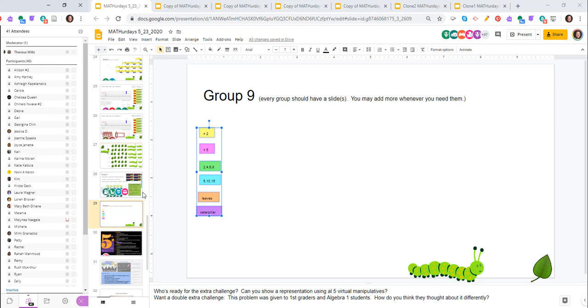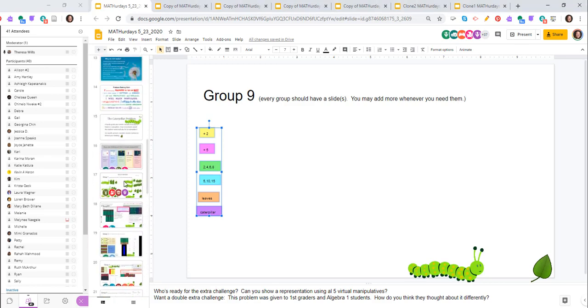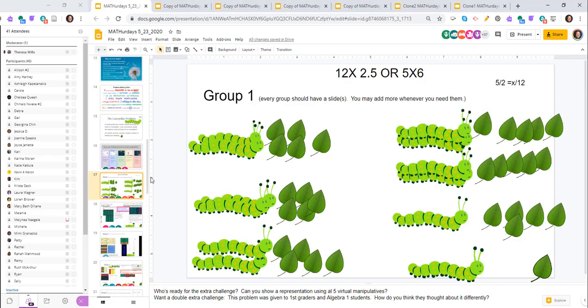And we are going to start off with group number 1 and on slide 17. So if we can head up to group number 1, slide 17. And the really neat thing about this one is how they showed every single caterpillar and every single leaf that they would need.